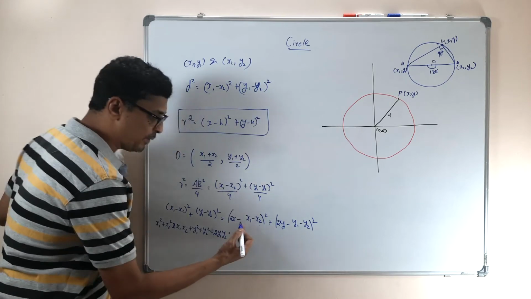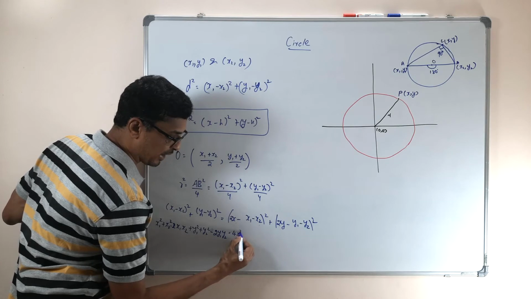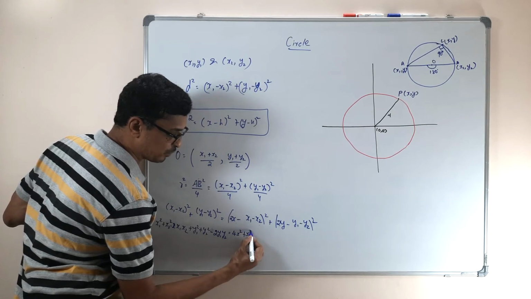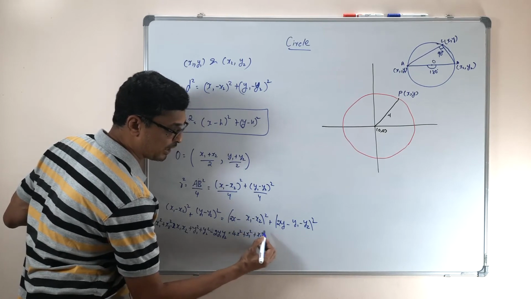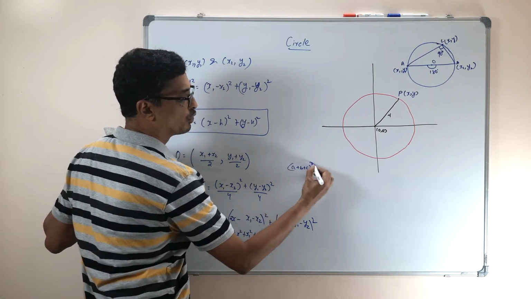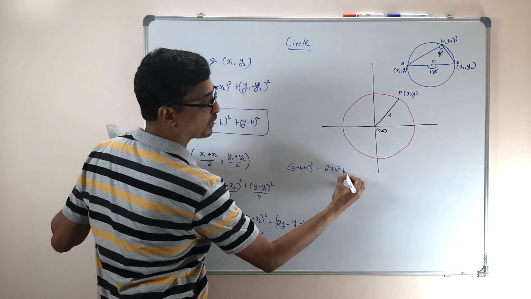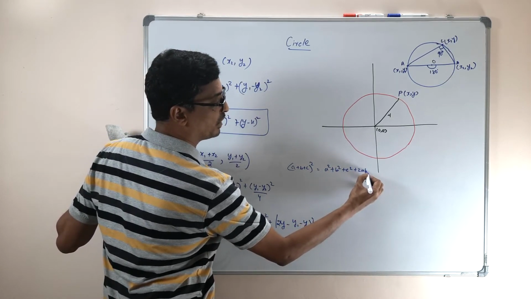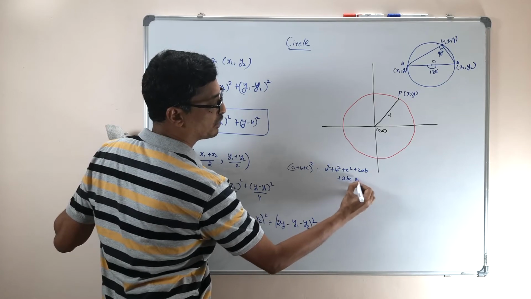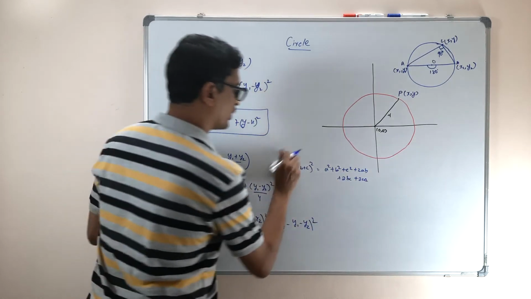And here this will be 4x squared plus x1 squared plus x2 squared. What is the formula? (a plus b plus c) whole square equals a squared plus b squared plus c squared plus 2ab plus 2bc plus 2ca. Correct? So we are using the same formula here.